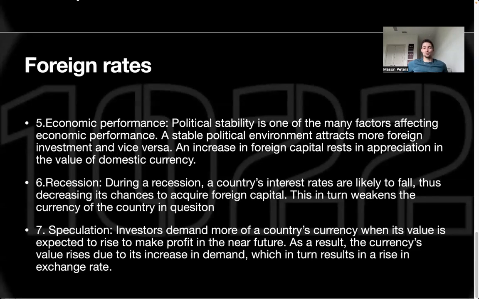That is expected to bring some more profit in the near future. As a result, the currency's value rises due to its increased demand, which in turn results in a rise in exchange rate. Let's say Japan is coming out with a new technology that's going to change cryptocurrency. Boom, more countries are going to demand yens to then acquire their technology, which will in turn result in a rise in their exchange rate. So there's a lot of different things in speculation that could make investors think a currency is going to be more valuable in the future, right?